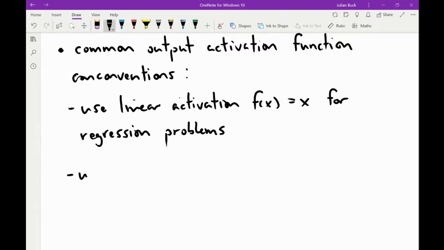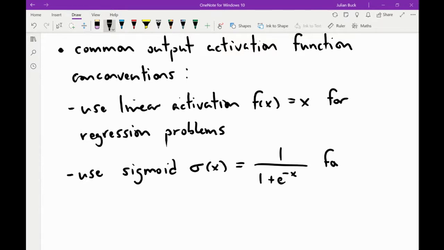Then it's very common to use the sigmoid function, sigma(x) = 1 / (1 + e^(-x)), for binary classification problems.